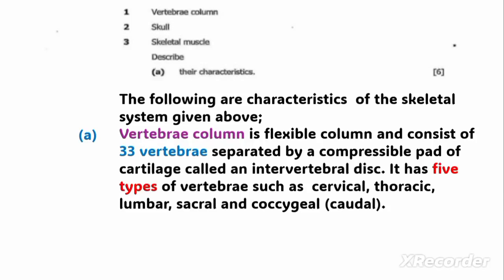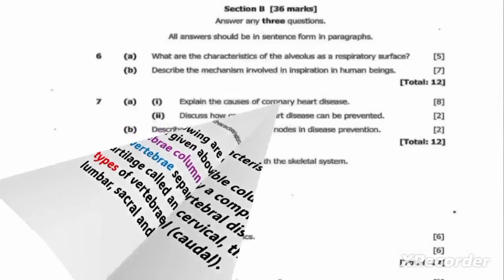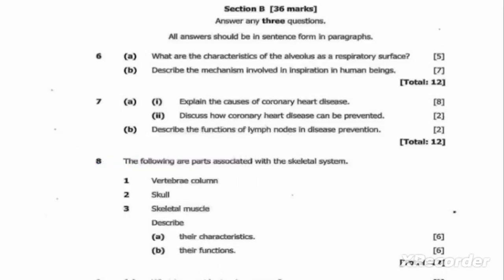So these 33 vertebrae are separated by intervertebral discs, and there are five types of vertebrae, such as cervical, thoracic, lumbar, sacral, and coccygeal. So these are 5 types of vertebrae, and in total they have 33 vertebrae.